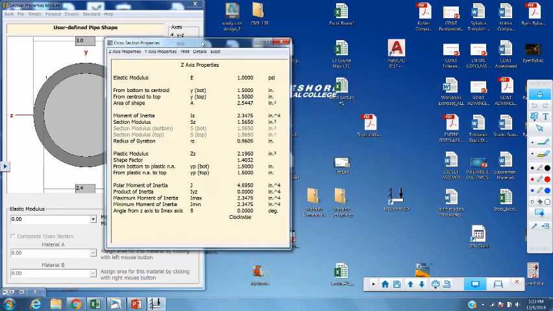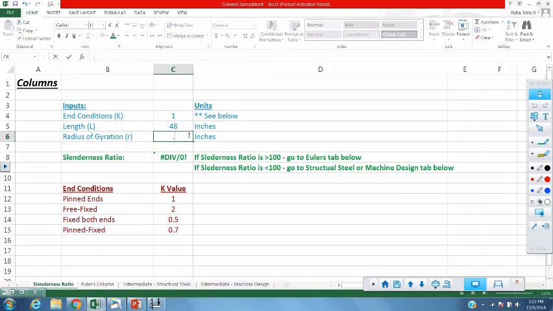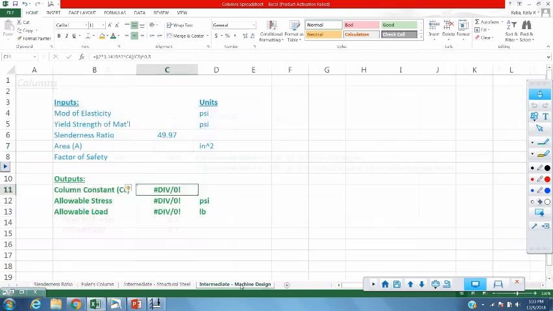Now when it computes, we have a radius of gyration, RZ, and that's going to be 0.9605. That's the number I'm going to put in here, 0.9605. Now you'll notice that we have a slenderness ratio of only 50. Well, that's much less than 100. Based on the information given, we're given a factor of safety of 3, so that's going to be a machine design situation.